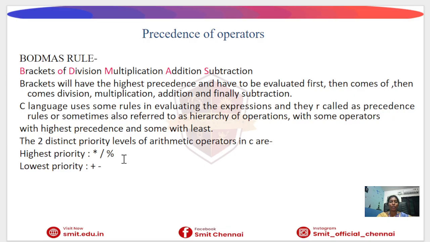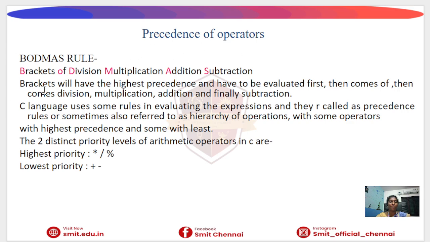For example, we have 5 plus 3 into 2. First we give high priority to multiplication and then to addition. If we have brackets around 5 plus 3, then we give high priority to the bracket, because in the BODMAS rule the first is brackets, then division, multiplication, addition and subtraction.